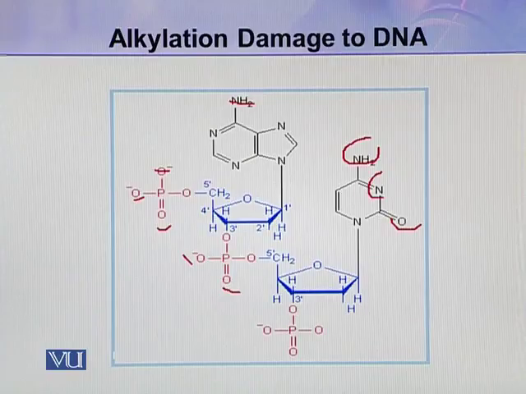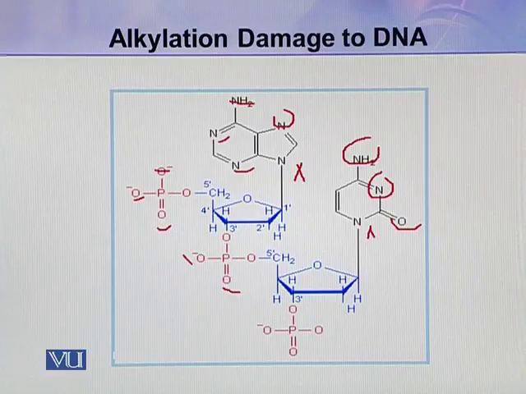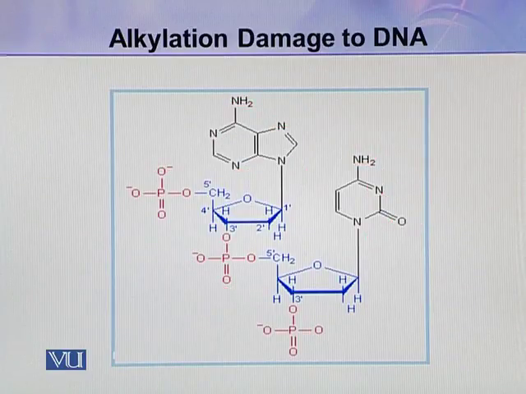It may be this nitrogen, this one, but it will not include this nitrogen or this nitrogen, because these 2 nitrogens, they are involved in the bond formation with the deoxyribose sugar, so they are not involved in this.